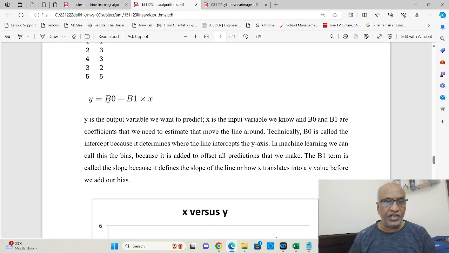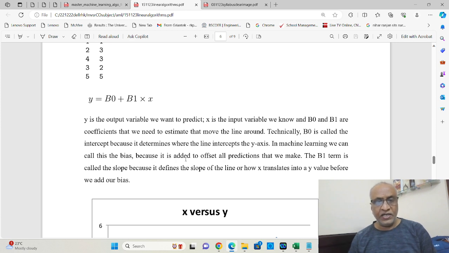Here b0 is the intercept. Why is it called the intercept? Because it determines where the line intercepts the y-axis. In machine learning, this is also called bias. So your b0 will be called intercept, or bias.